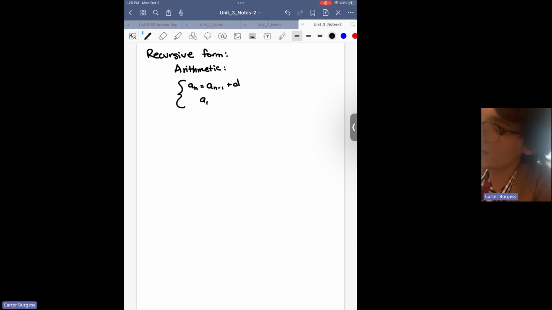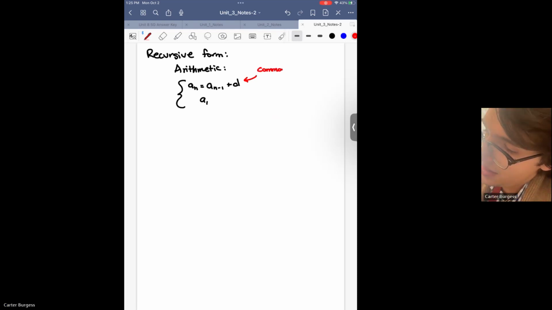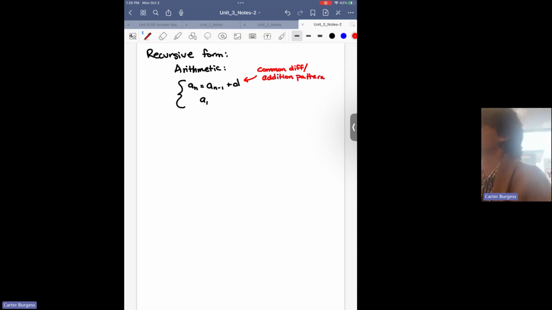Okay, so I heard Dylan mention the name for this value of d here. What is this called, Dylan? The common difference. But really, we're just going to think of this as our addition pattern. Like, yeah, we could go into what this d is made up of, but why do that? If we're subtracting 2, we're subtracting 2, d is minus 2.